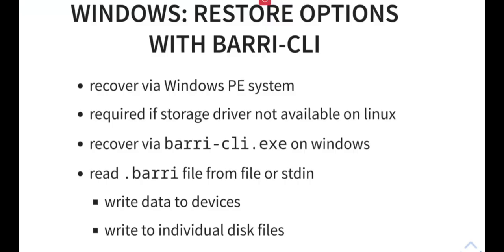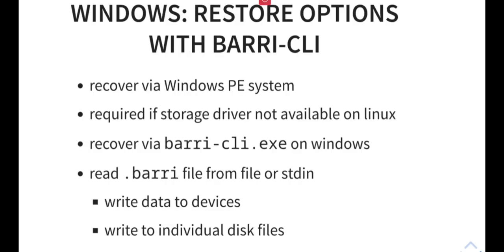So it's also possible to create a Windows PE system and recover the Barri file out of the Windows live system. That of course needs to have the storage drivers, and then it's also possible to recover directly on the live Windows system. Exactly.